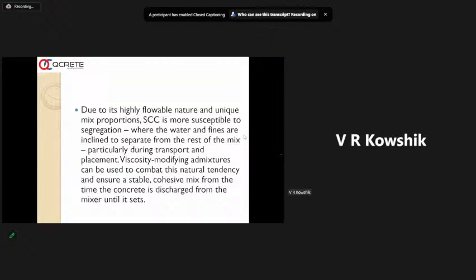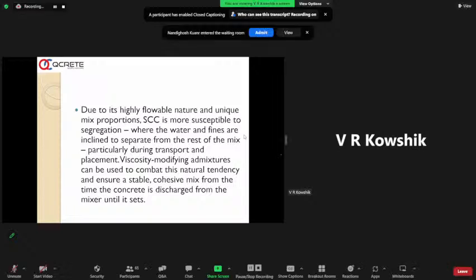Until 2010, the mix design of an SCC was difficult. Now, thanks to the new admixtures which have come after 2010, huge improvements have taken place in admixture technology, where you can make self-compacting concrete very easily.